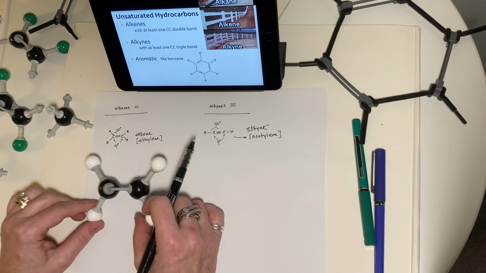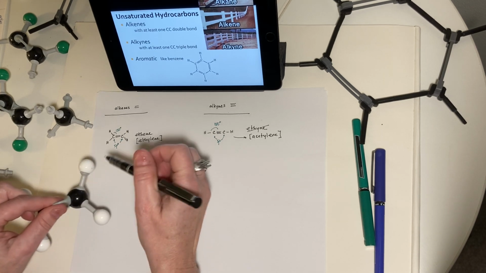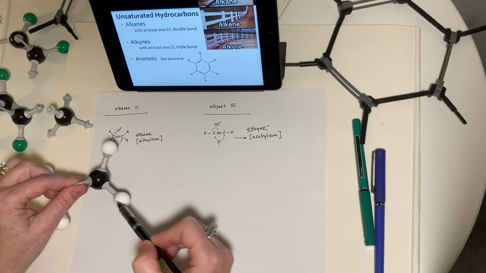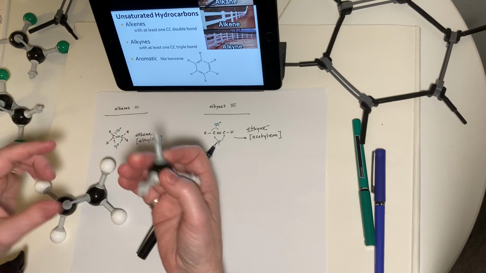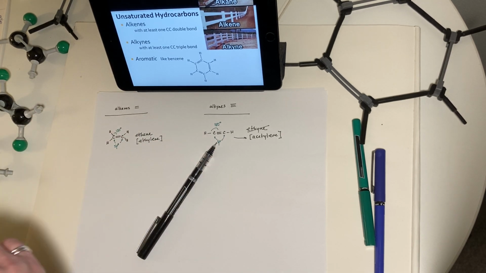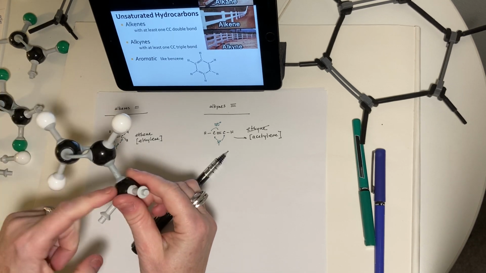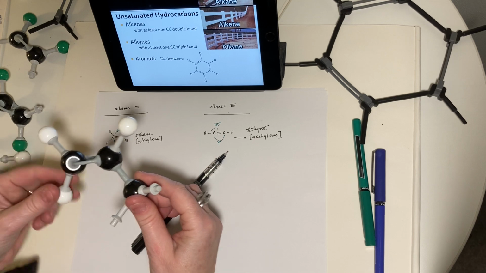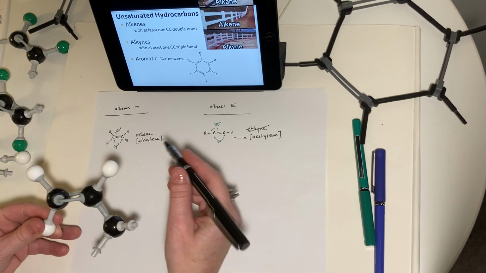So what do we want to do with that? Well, let's build something here. Let's replace a hydrogen here with just a methyl group. And notice I didn't even bother putting the white balls on for hydrogen because it's just so annoying. But if we substitute and put another, now we have a 3-carbon chain, and 3-carbon is prop.